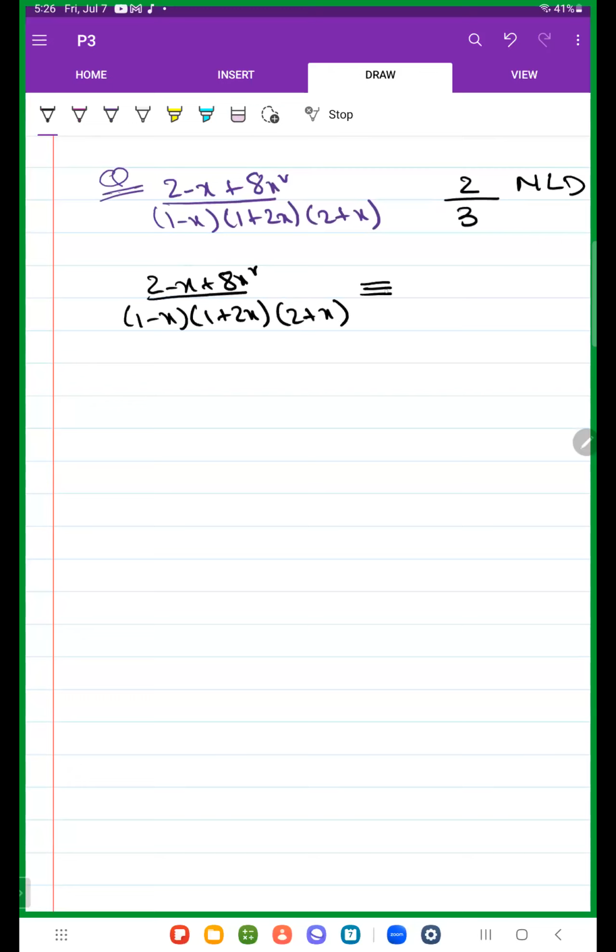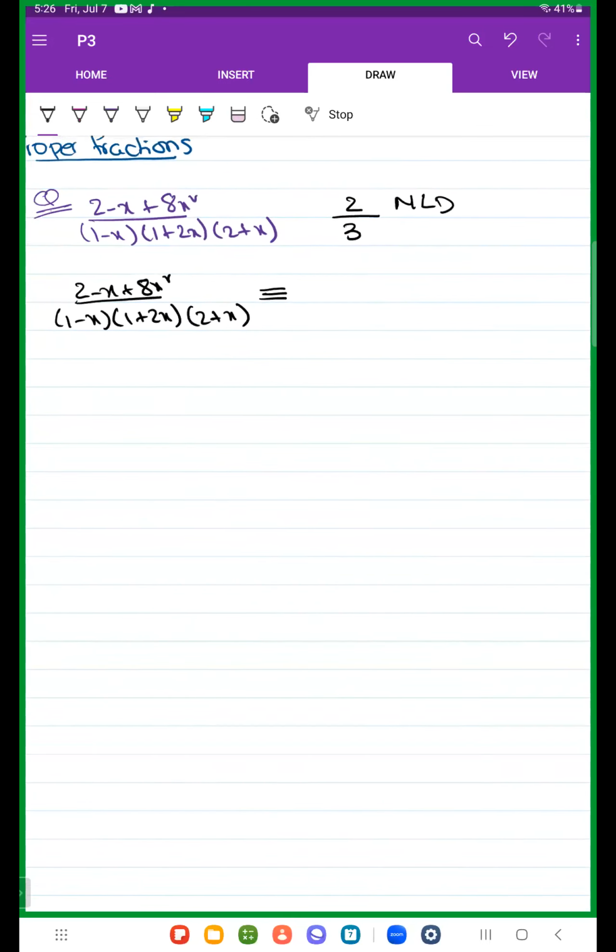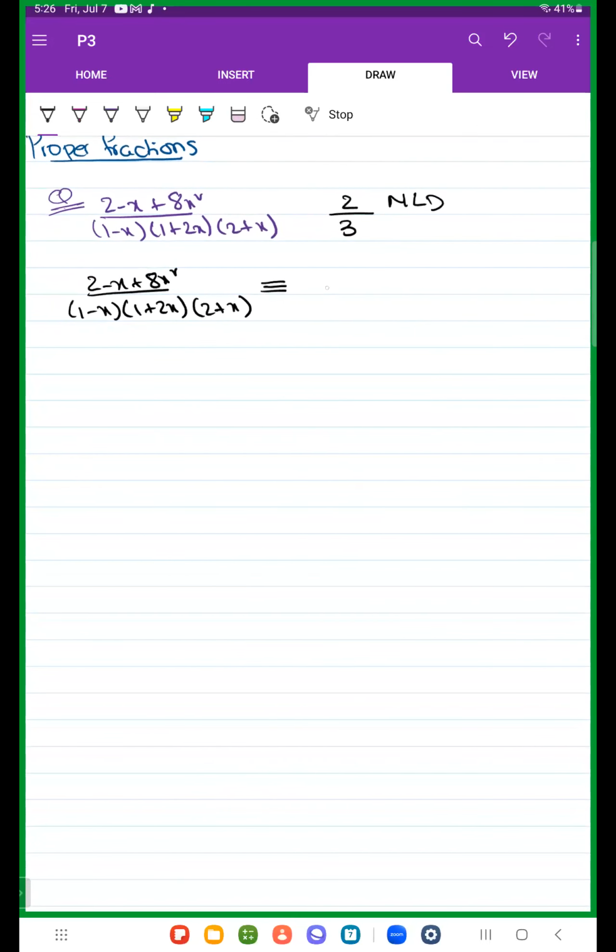This is an equal to sign, which means they are completely equal. It is equal to A upon 1 minus x plus B upon 1 plus 2x plus C upon 2 plus x. Now what we have to find out is the values of A, B, and C.